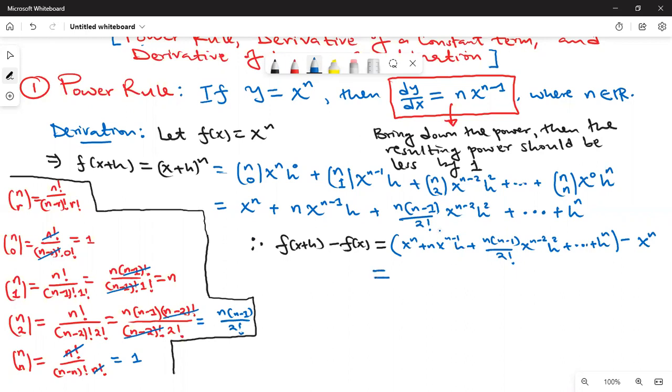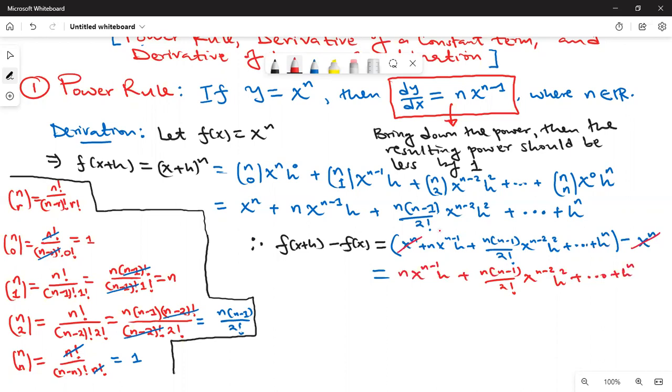If you simplify, x raised to n will cancel with the other one, so that we have n times x raised to n minus 1 times h plus n minus 1 over 2 factorial x raised to n minus 2 h squared, plus so many other terms, plus the last one h raised to n.